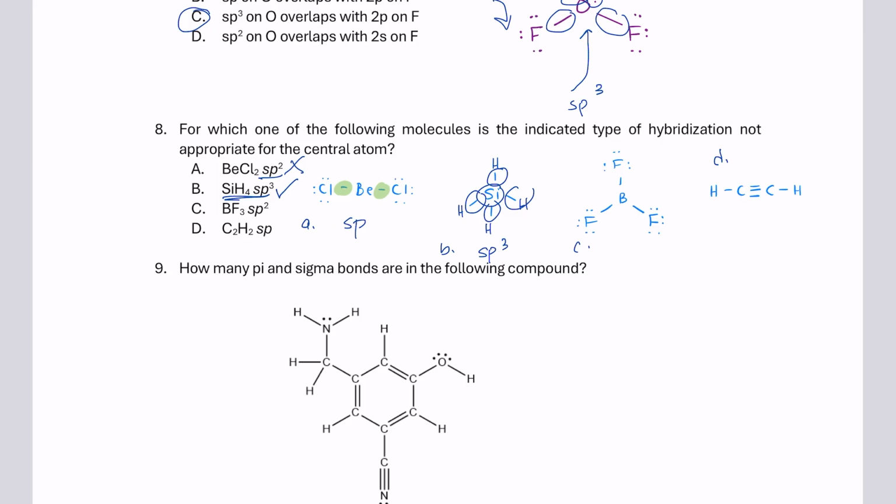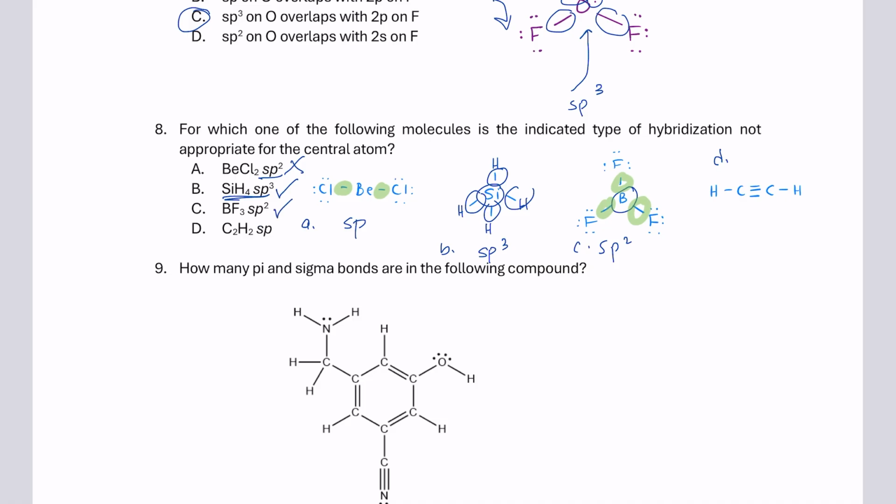C is BF3. So we have a boron atom in the center. It's attached to 3 fluorine atoms. That means it has 1, 2, 3 regions of electron density. It's going to be sp2 hybridized. So this is a correct assignment as well.